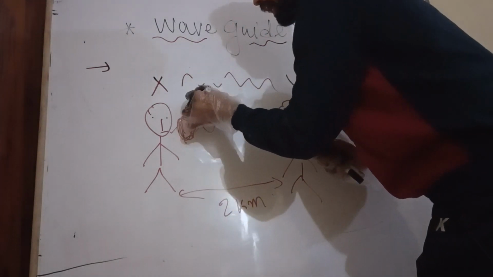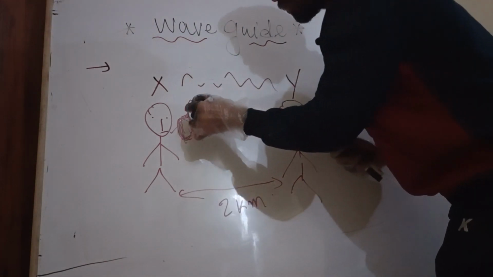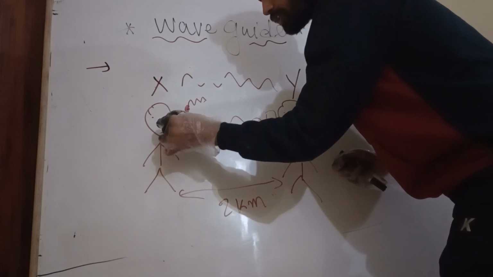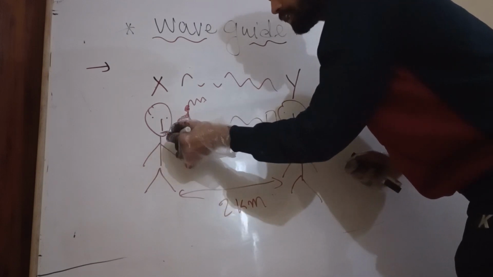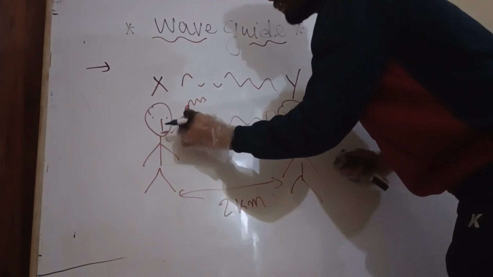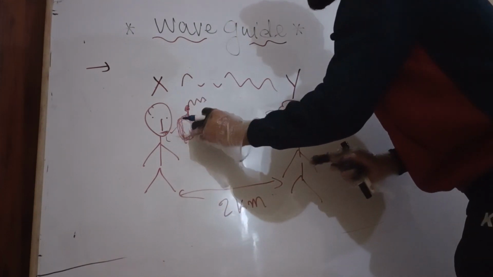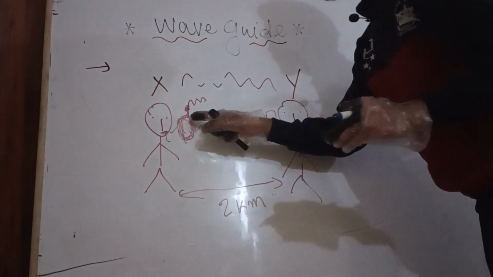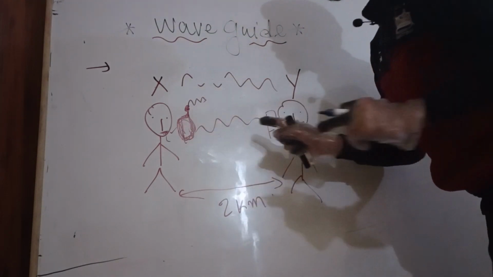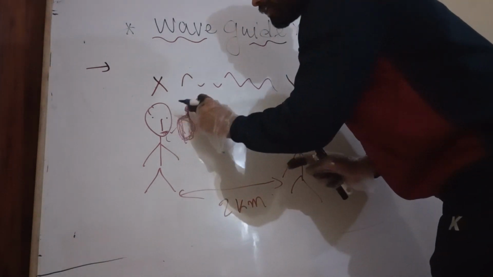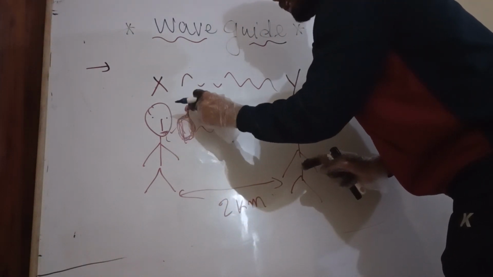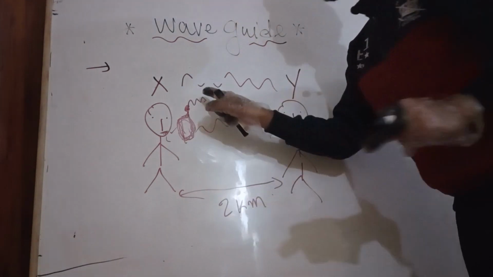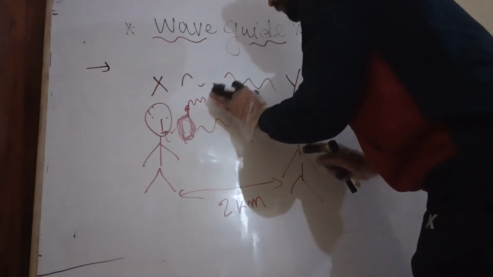As he speaks, it is an acoustic wave. This acoustic wave is converted through a transducer into electrical energy, which is then transmitted through the antenna in the form of an electromagnetic wave throughout the space.